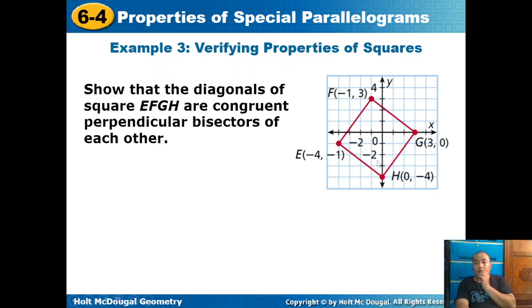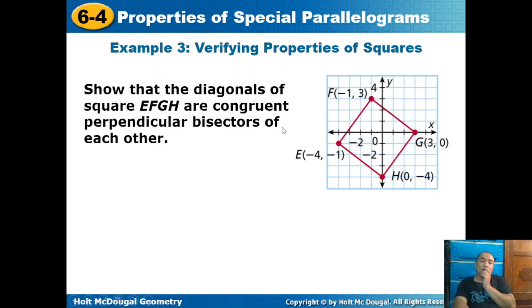For FH, what's the slope? 7 over -1, which is -7. Here, -1 over 7. Correct. The product of their slopes is -1.